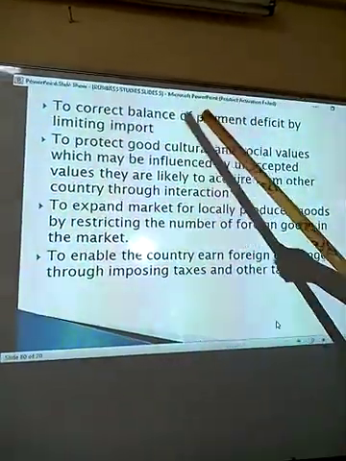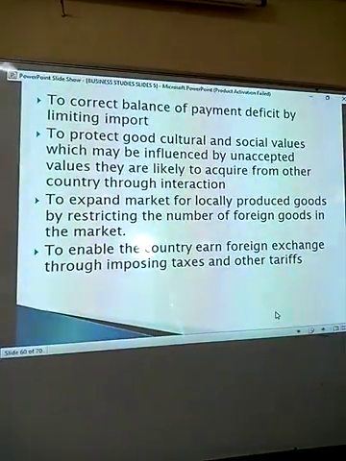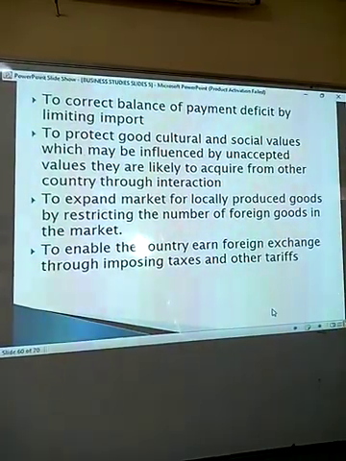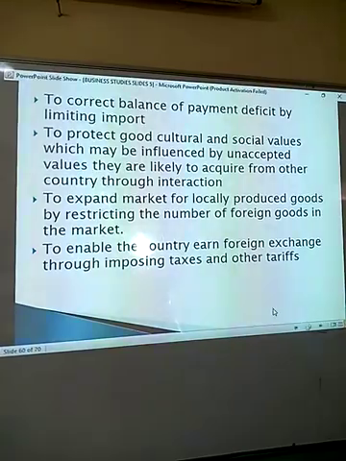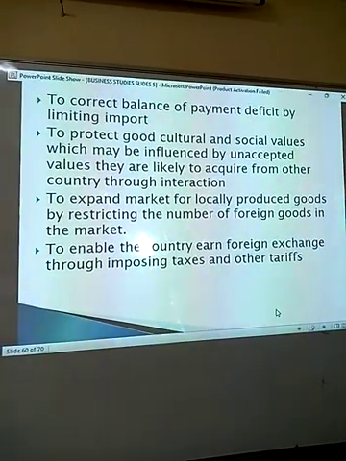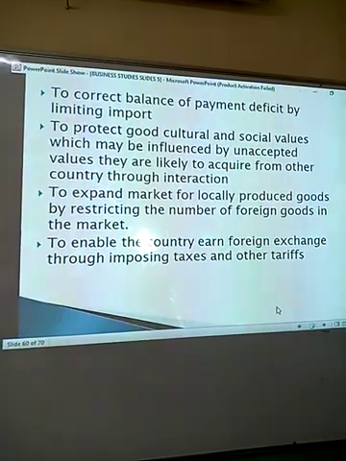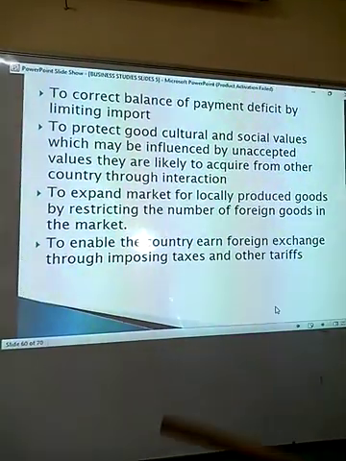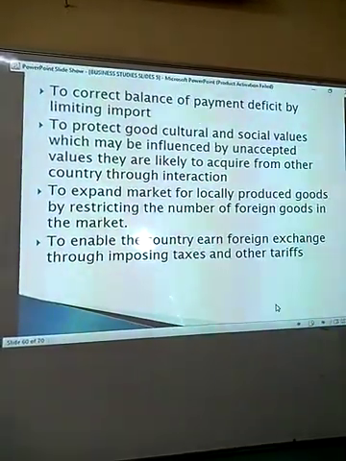We have to correct the balance of payment deficit by limiting imports. We also have to protect good cultural and social values, which may be influenced by unacceptable values people are likely to acquire from other countries through interaction. Remember, cultures like gayism, homosexuality, the sale of pornographic materials.